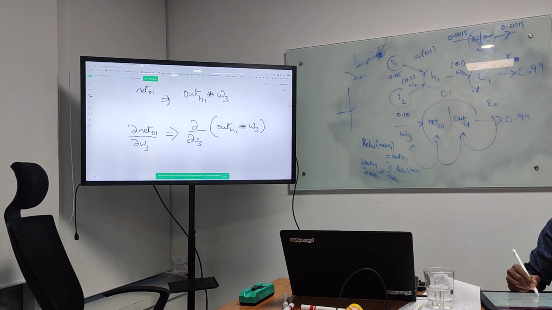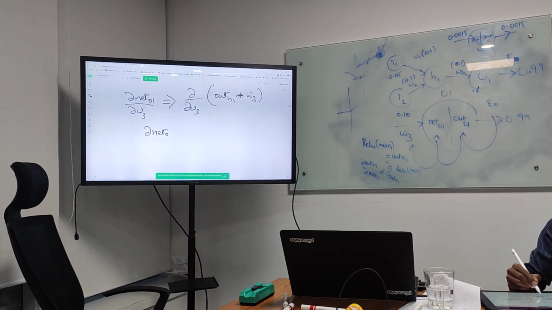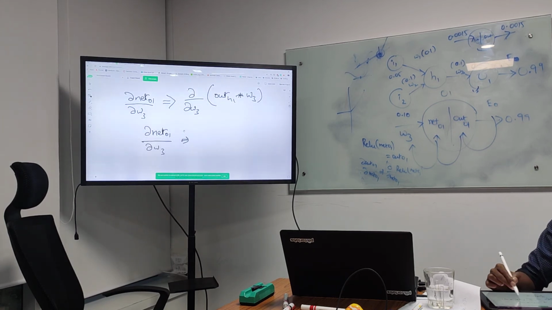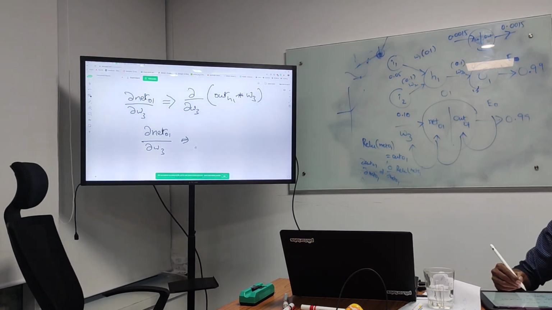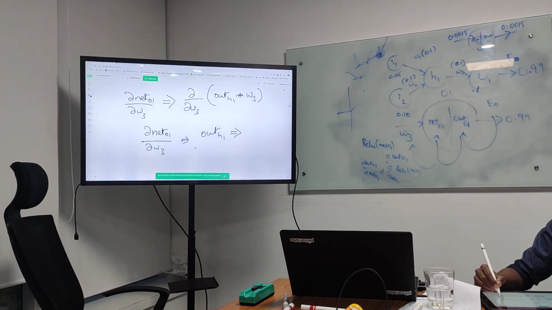Now this out H1 is some constant into W3. So d by dx of Ax is A. Constant, right? W3 is a variable. We are finding out how it is changing. So dou net O1 by dou W3 is out H1, whose value was, as I said, 0.015.